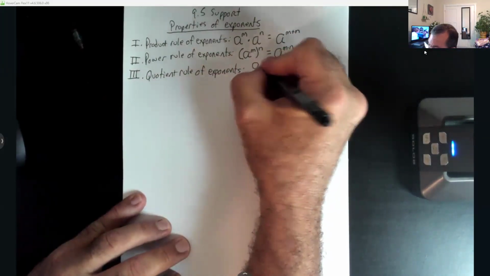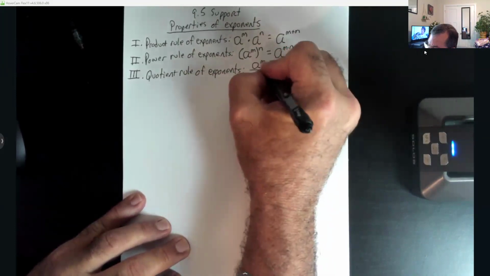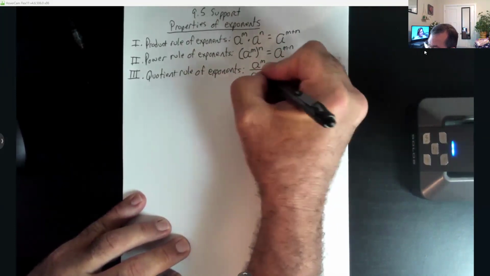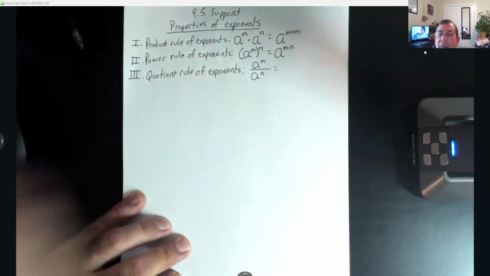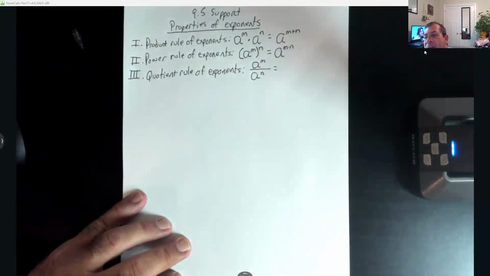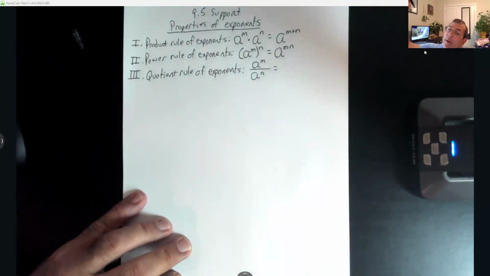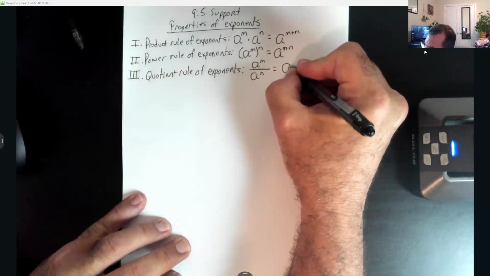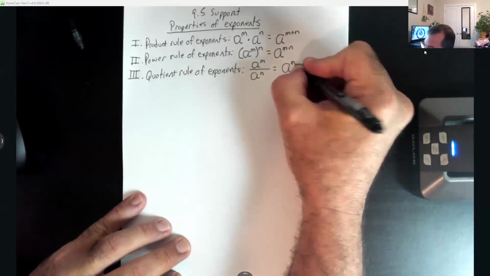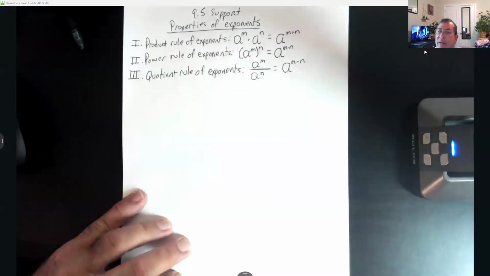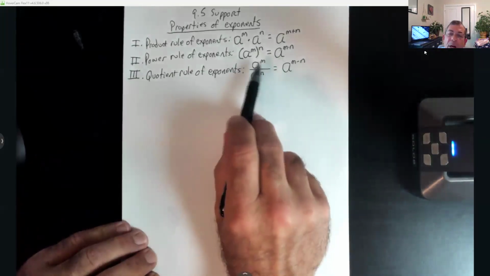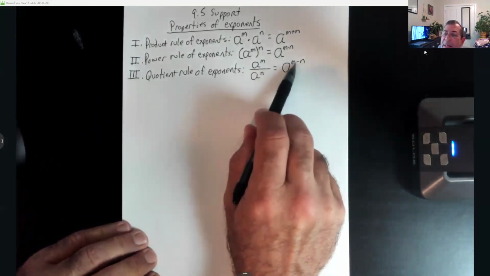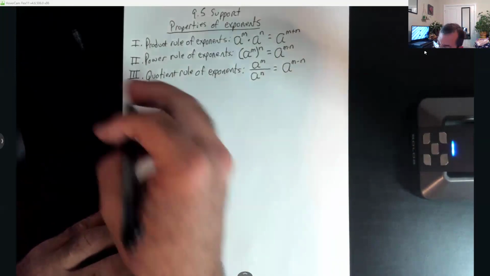So if I got a to the m over a to the n, well, if you had an x to the 5 over x to the 4th, we would subtract exponents and we get a to the m minus n. Okay, so if that variable matches up, we subtract exponents to simplify that.